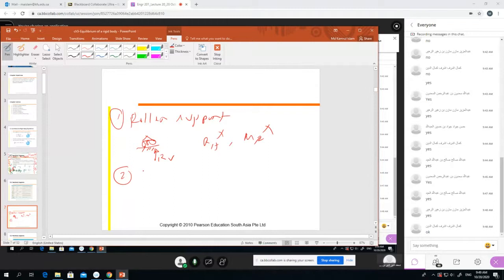There is no moment reaction. Okay. And number 2 is hinge. It is shown like this in freehand sketching, right? In a book you will find other forms. It gives you vertical and horizontal reaction, but it cannot give you moment reaction.